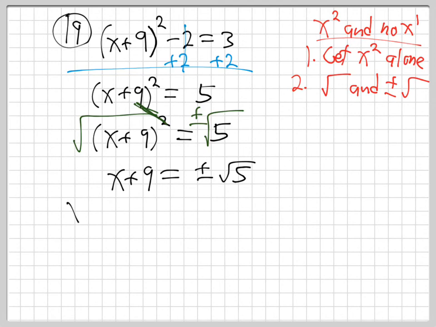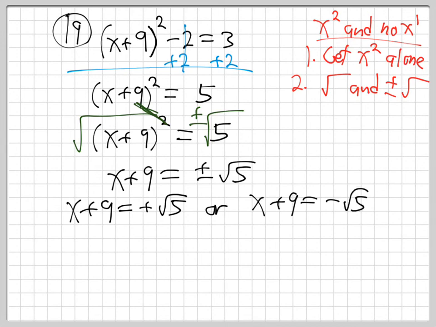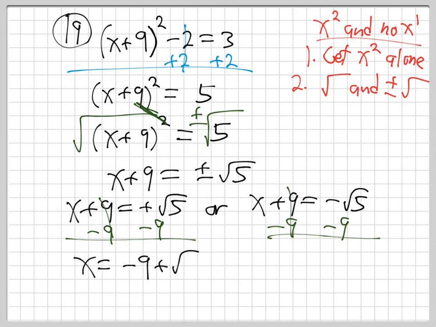So we can break that into 2 equations: x plus 9 is plus root 5, or x plus 9 is minus root 5. What do we do to finish getting x alone? Subtract 9 from both. X is minus 9 plus root 5. X is minus 9 minus root 5.